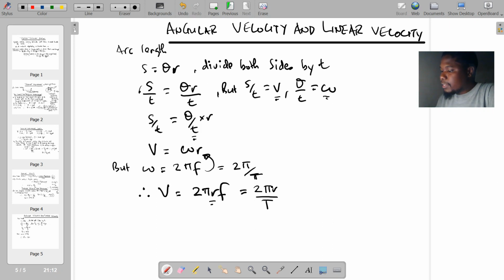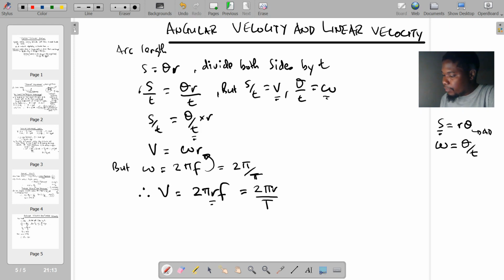Now let's just recap and list the formulas that we've talked about so far. The first one was S is equal to r times theta. This is for arc length or displacement around a circular path, where theta is angular displacement. After that we began to look at angular velocity, which was equal to angular displacement over time.